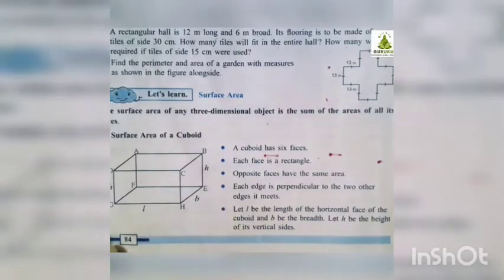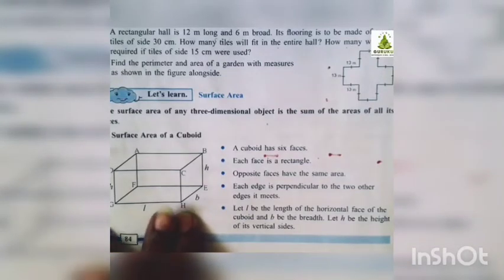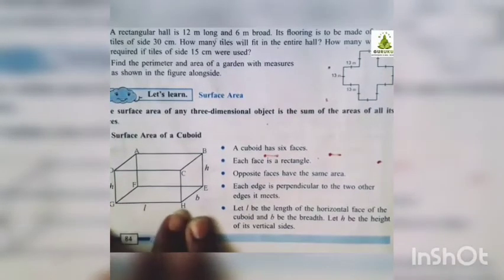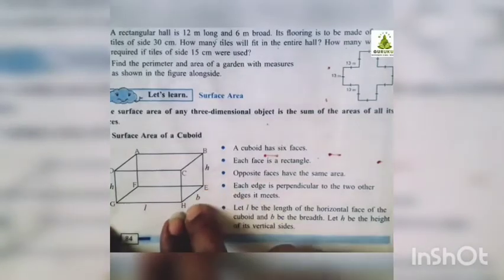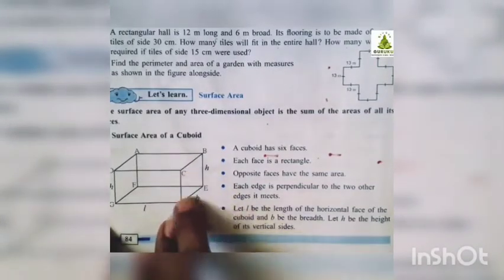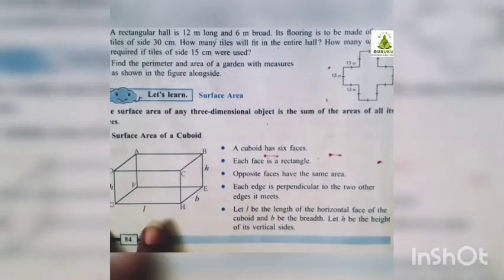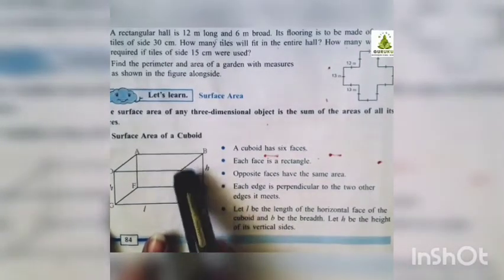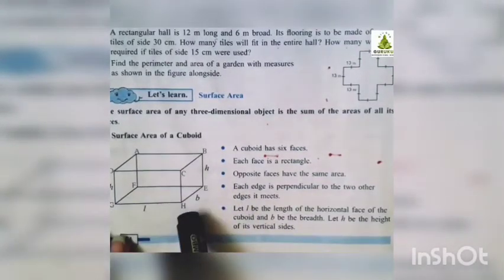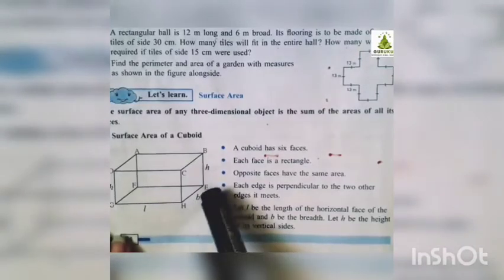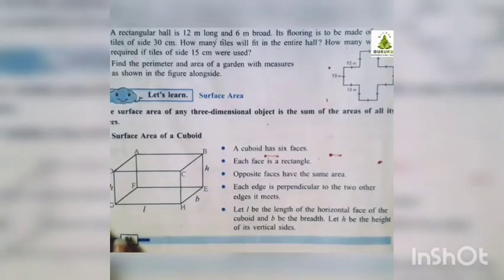CH meets at point H the sides GH and HE. So CH is perpendicular to GH, and CH is perpendicular to HE. That is the meaning of this.